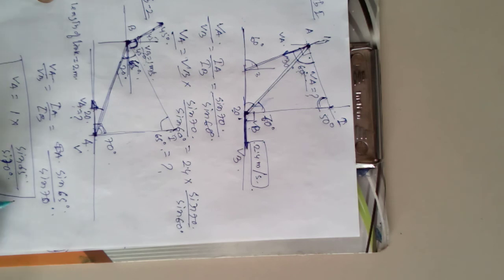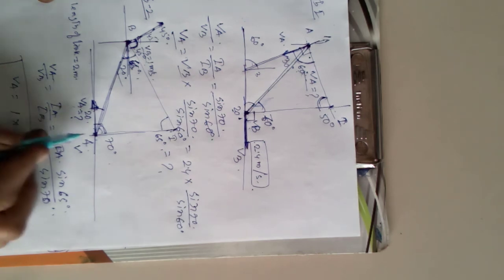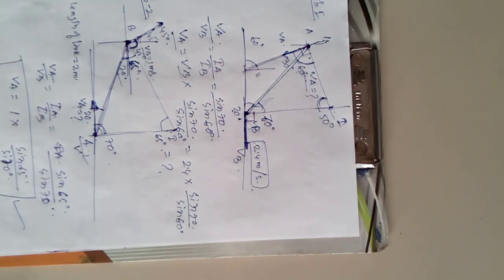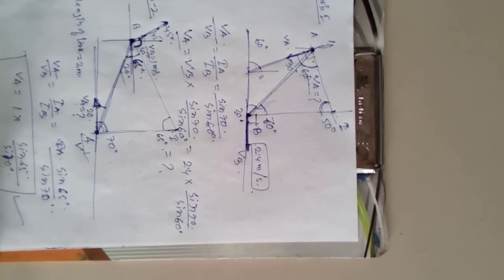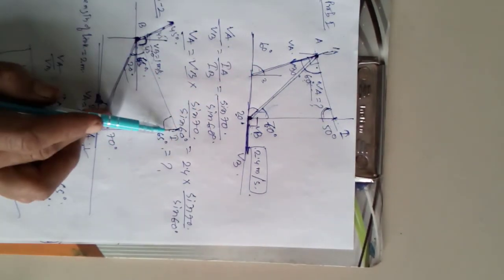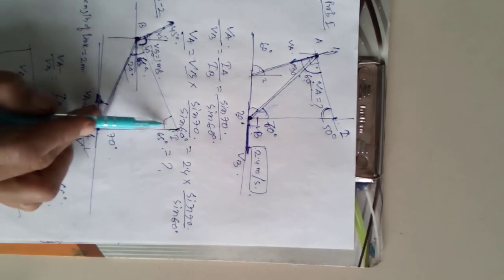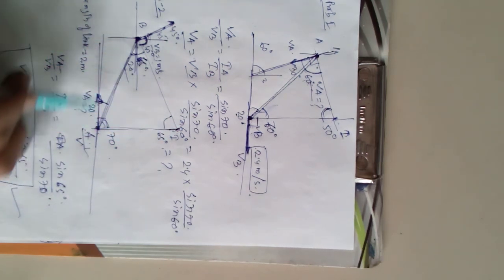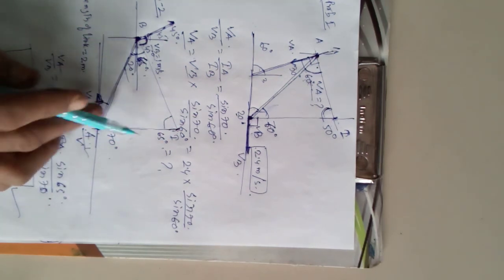So that is the velocity of point A. By using the instantaneous center of rotation, we can find out the velocity of link A and B. So that is the instantaneous center of rotation method.